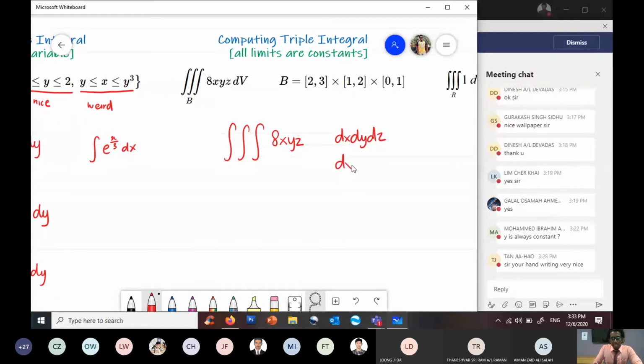Or dx, dz, dy, or any other combination that you can think of? Why not even dz, dy, dx? The answer is you can use whichever you want, because in this case all the limits are numbers anyway.